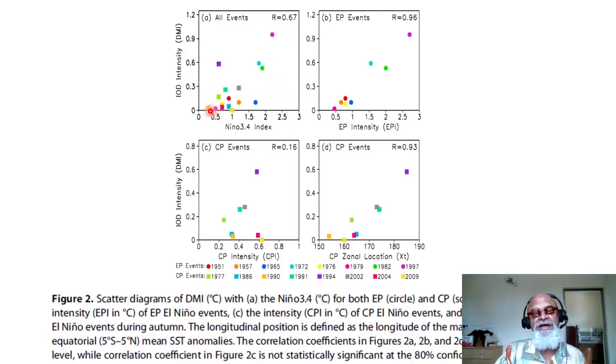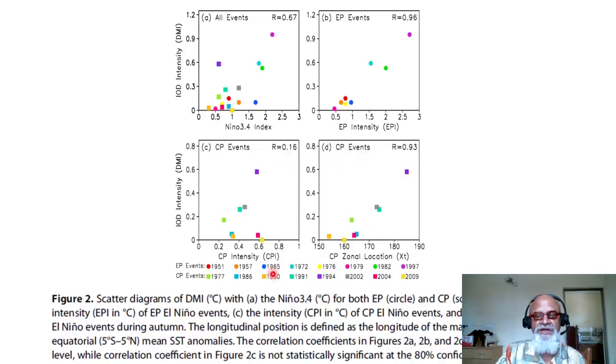The weaker IODs are kind of flatter here, very weak, but still they are identified as IOD, so literally they are at 0. For Eastern Pacific events, the correlation jumps to 0.96, but obviously the number of events drops. As I said before, sampling can be an issue. If you look at CP events, the correlation drops to 0.6.